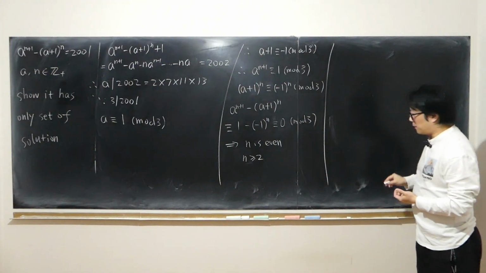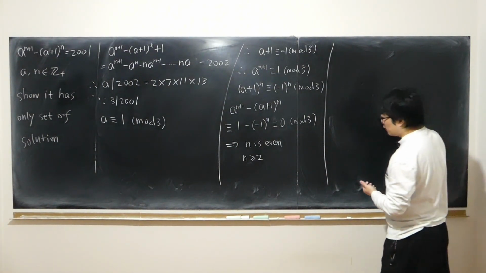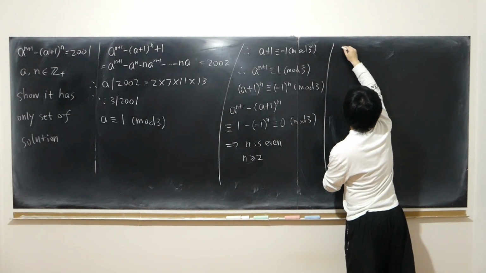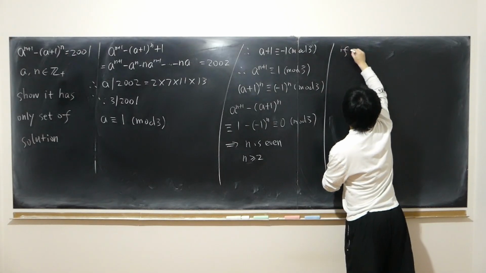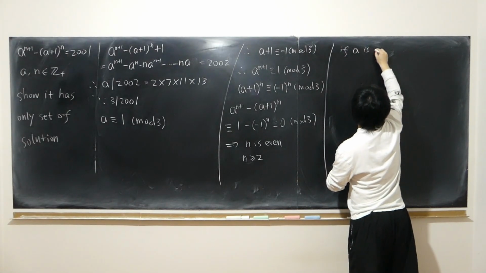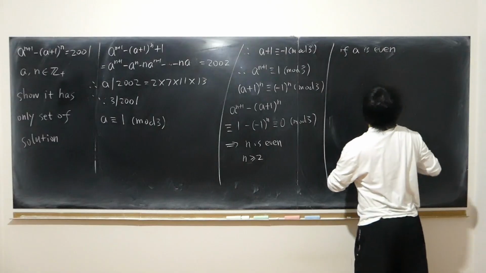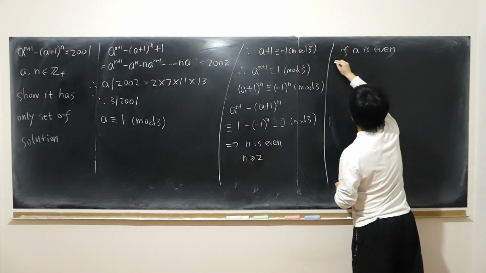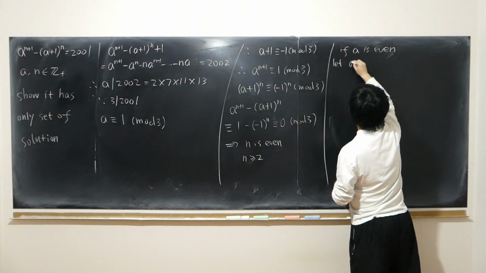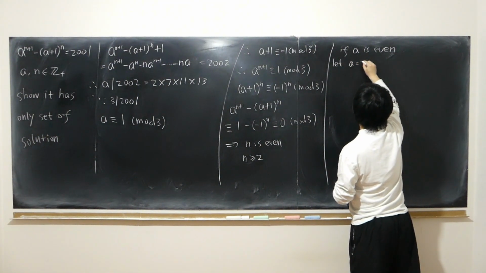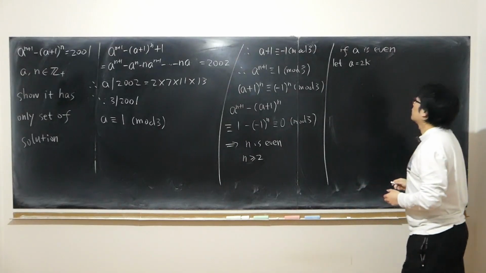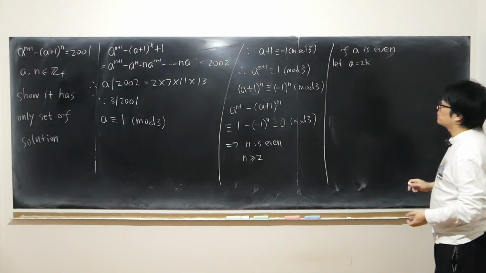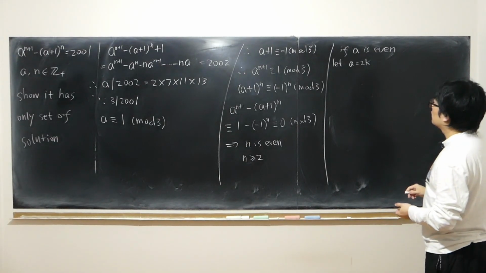Next, I say a must be odd, because suppose a is even, what's going to happen? If a is even, I let a equal 2k. This time I use the divisor 4, mod 4, to see what happens.